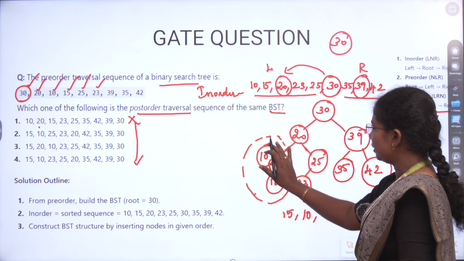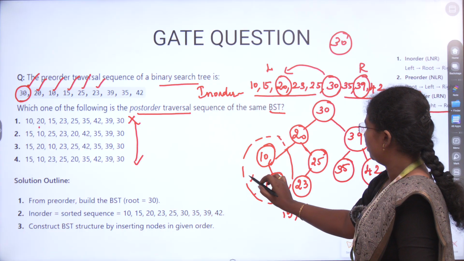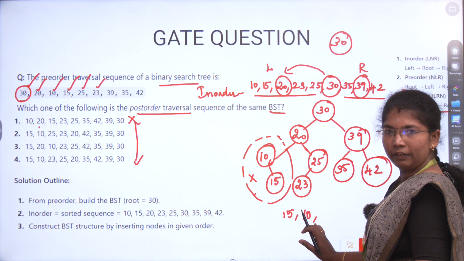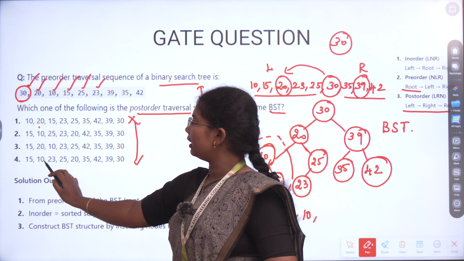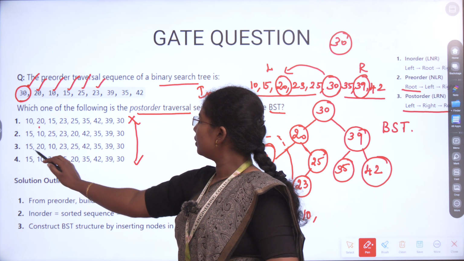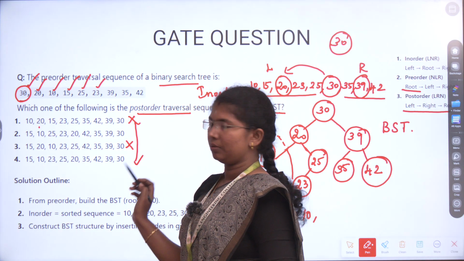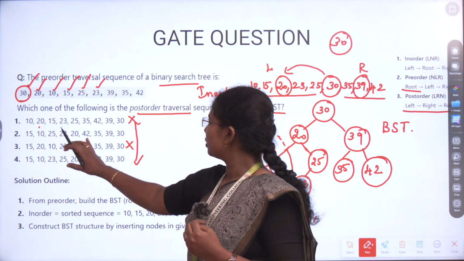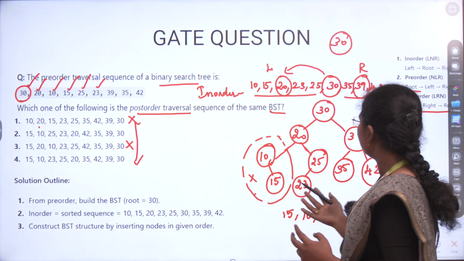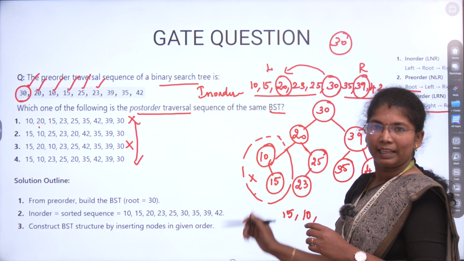So 15, 10. Check here. We are having 15, 10 in options 2 and 4. So option 3 is eliminated now. We are having only 2 options now. So 2 and 4. Let's go deeper so that we can find the exact value.